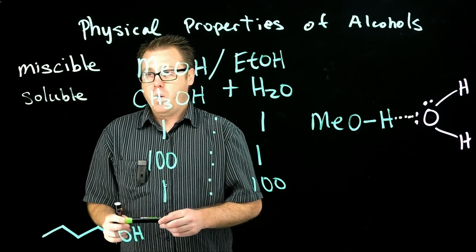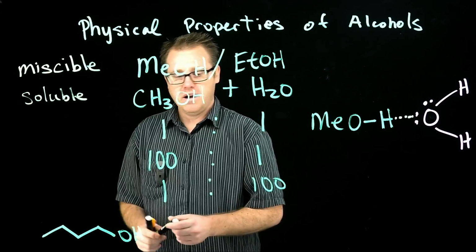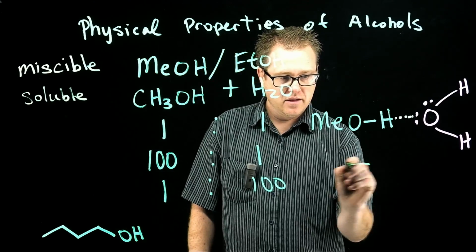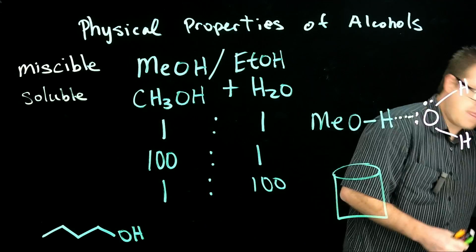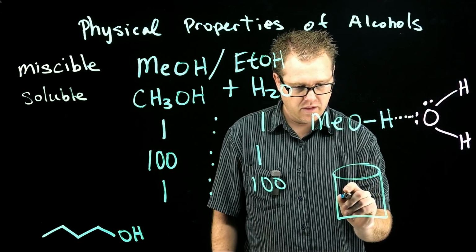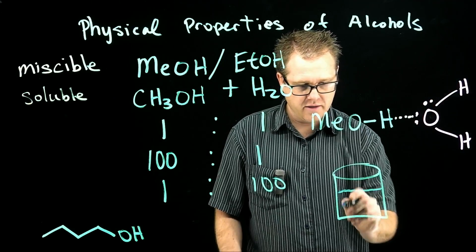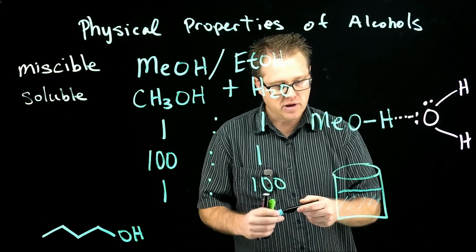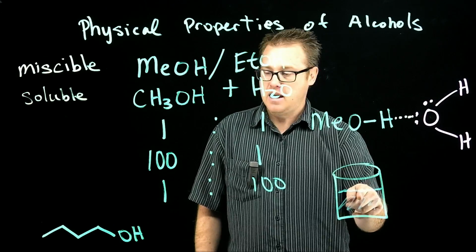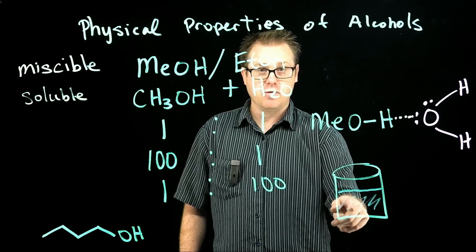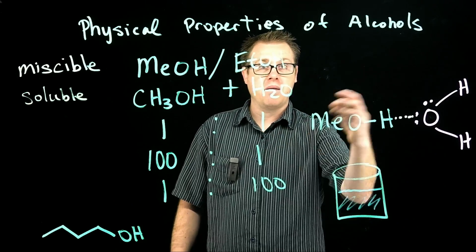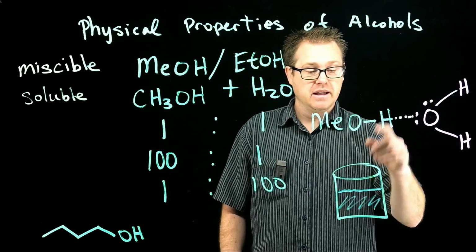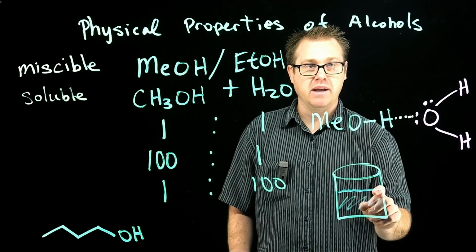So you reach a point where if you have, let's say, a beaker of water here. Okay, we have a beaker of water, and you put in a drop of butanol into the water, it's going to be soluble. But if you start adding more and more and more butanol, it won't be soluble anymore.